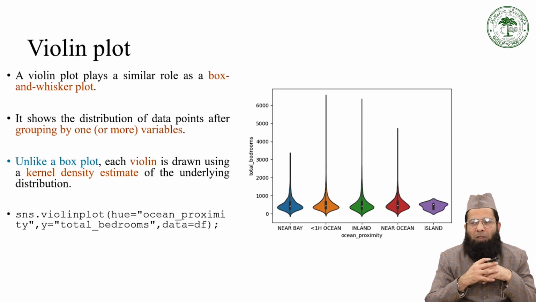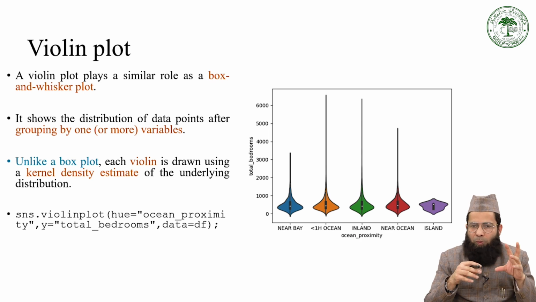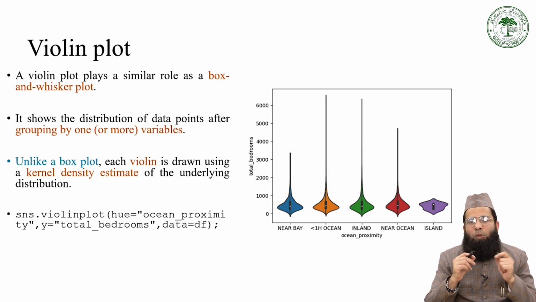Now there is one more special type of plot that we call a violin plot. A violin plot is a combination of a box plot and a kernel density plot, that is KDE. It is used to visualize the distribution of numerical data.